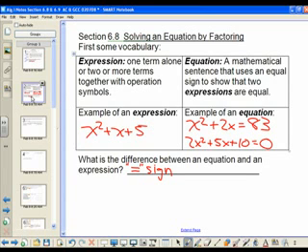In physics, x is usually associated with time, and you might get two values, usually a positive and a negative. You throw out the negative because you can't have negative time. So you have to review your answers, because even though you get two answers, some may not be valid. Anyone have a question on this?